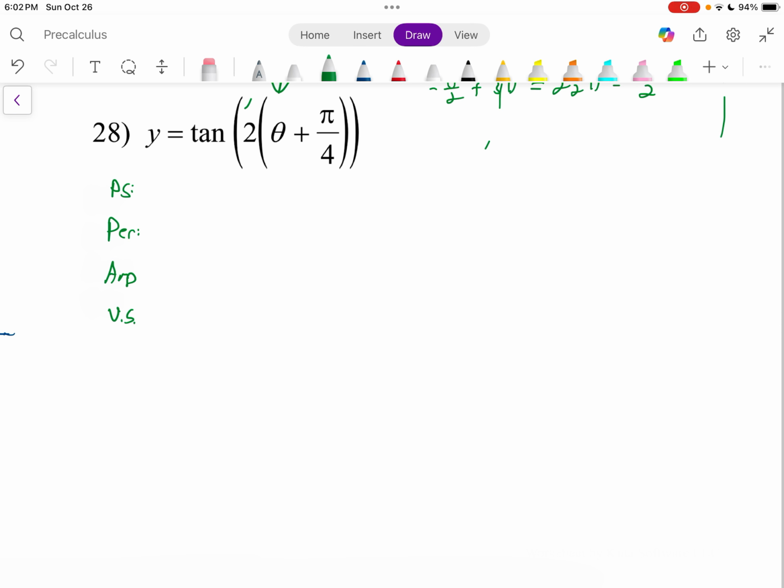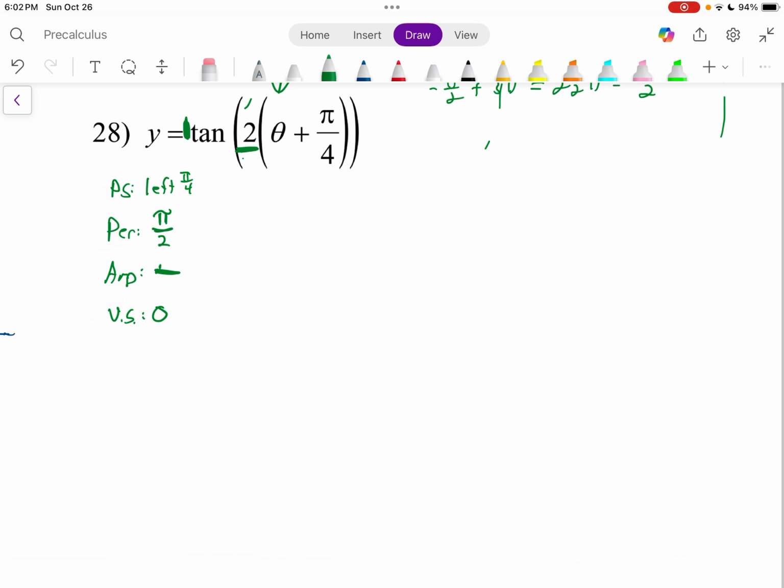Phase shift is left pi over 4. Period: the normal period of tangent is pi, but it is divided by the number that's multiplied by theta, so pi over 2. Amplitude: tangent doesn't really have amplitude, but it's not any steeper, so I'm just going to put a slash here.